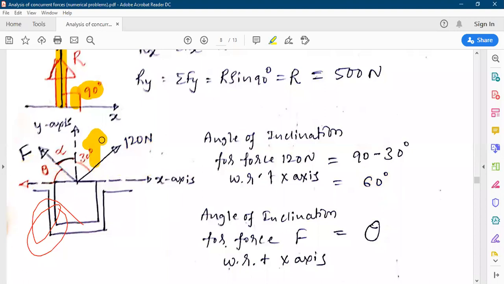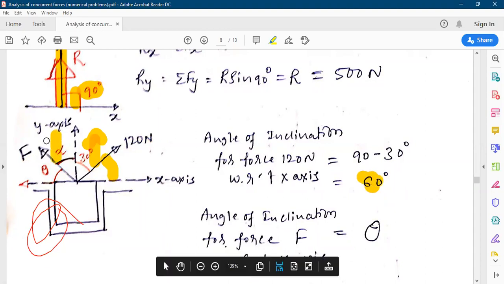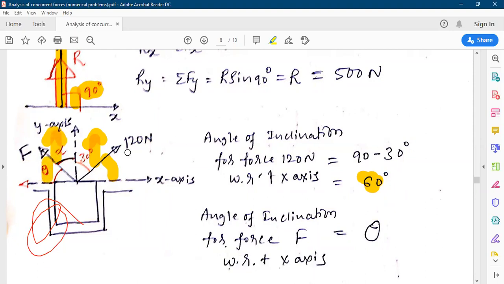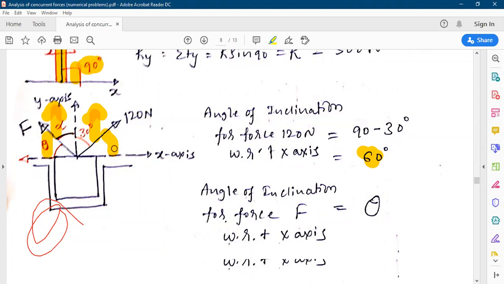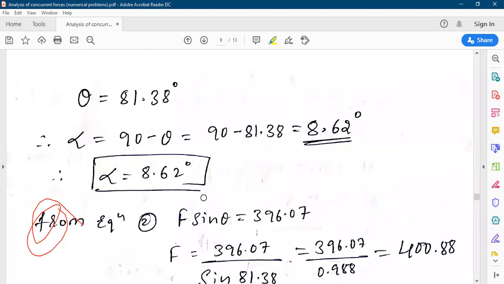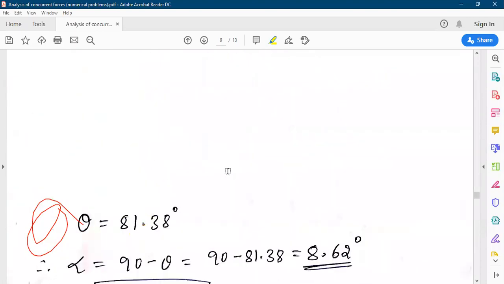So 120 sine theta, where this theta is equal to 60 degree. 120 sine 60 and F sine theta, theta with respect to x axis. Both are positive: 120 sine 60 plus F sine theta.